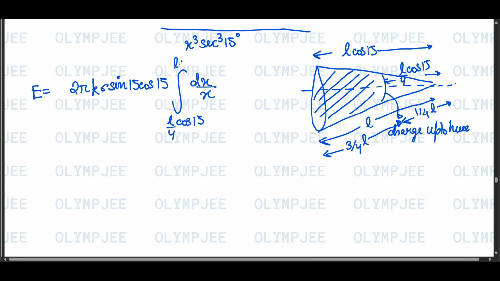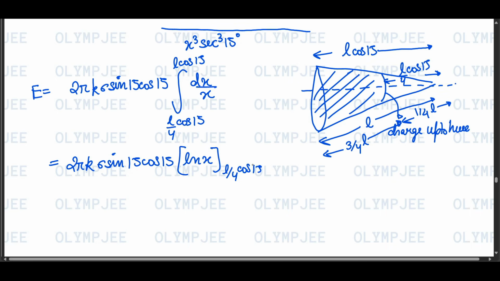to L cos 15. So this will become equal to 2 pi k sigma sine 15 cos 15 log x from L/4 cos 15 to L cos 15.